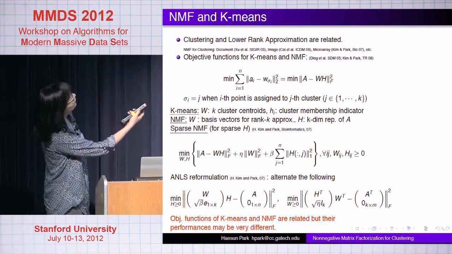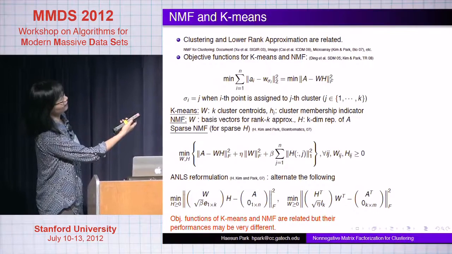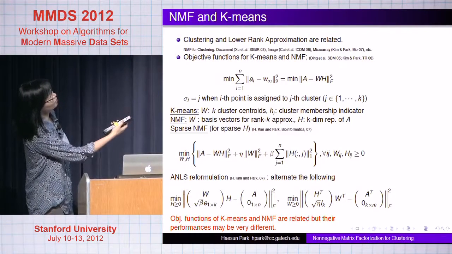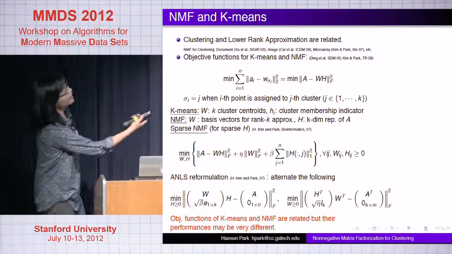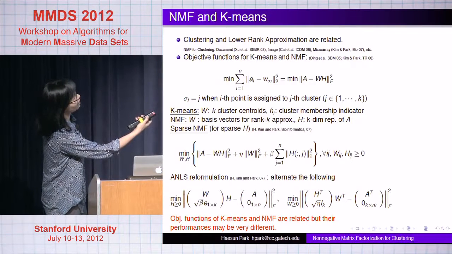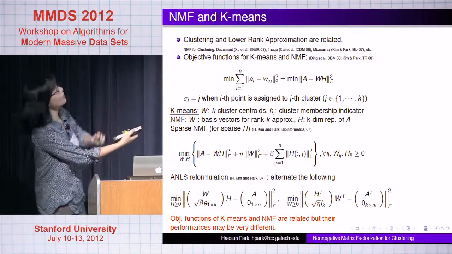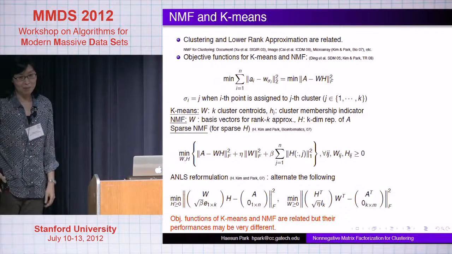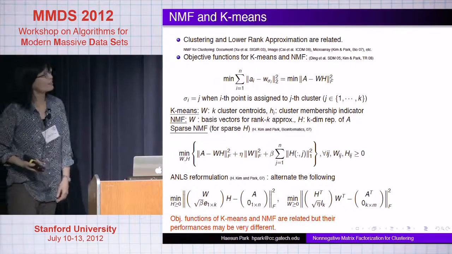In NMF, the columns of W are new basis vectors for the rank k approximation, and the columns of H can be viewed as a k-dimensional representation of A. So in NMF, if we put an additional constraint that the columns of H should be e_i, columns of the identity matrix, so that they behave like a cluster membership indicator matrix, then NMF can behave like a clustering method.